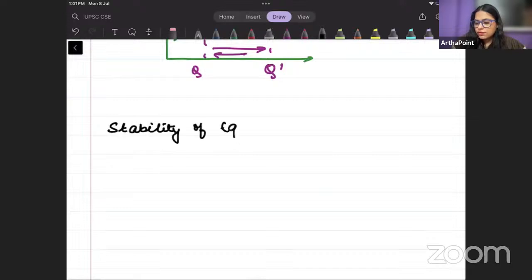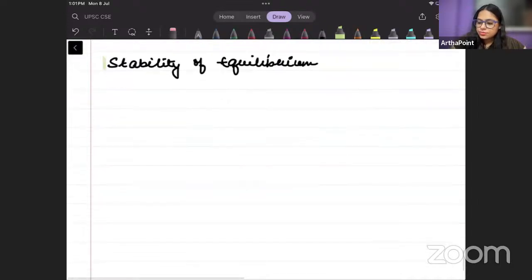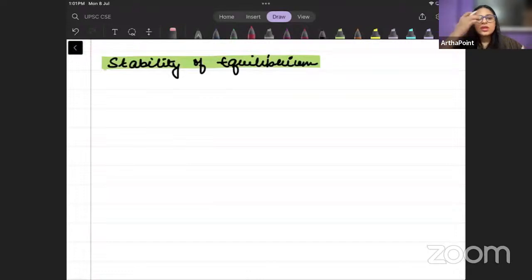Stability of equilibrium. Any equilibrium is called a stable equilibrium, listen carefully, if following any disturbance, whenever there will be any disturbance, right, that equilibrium will be re-established.